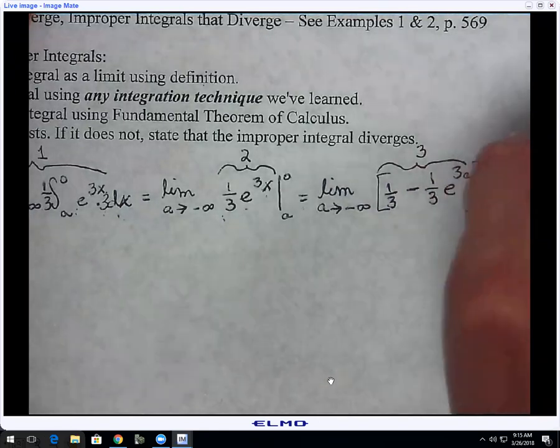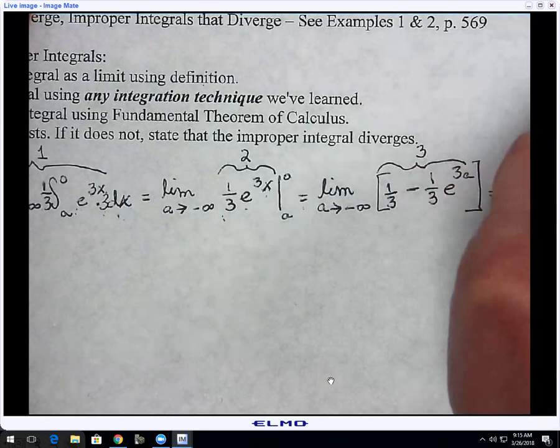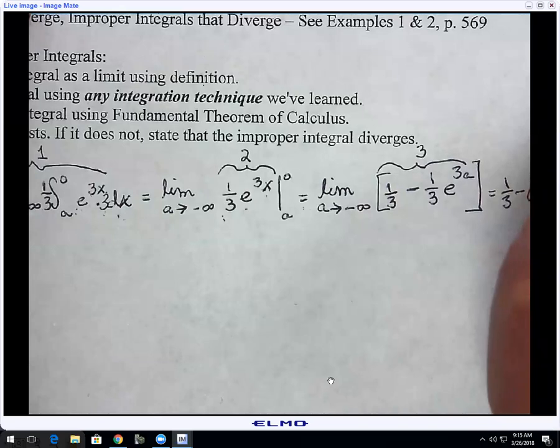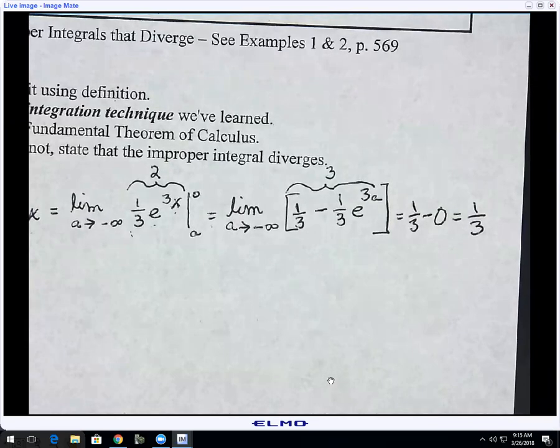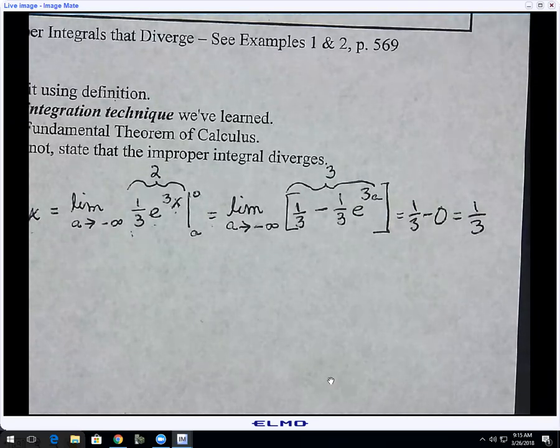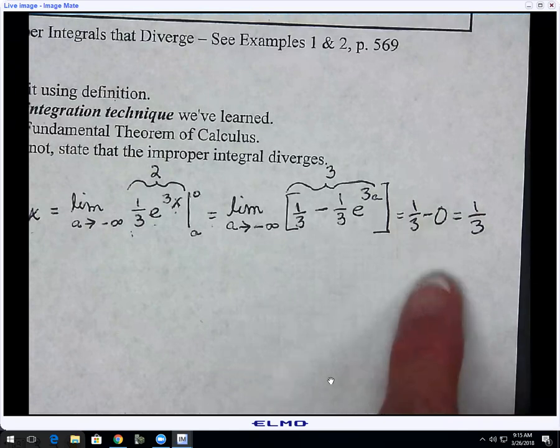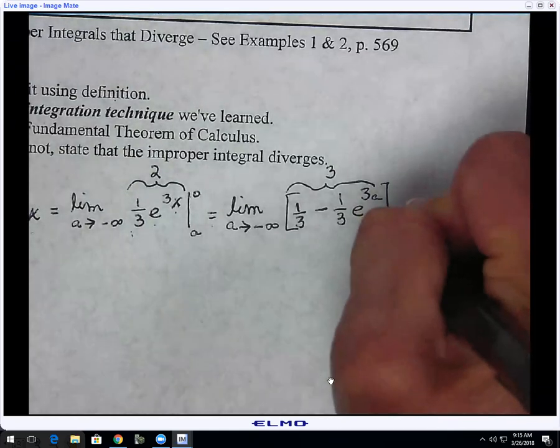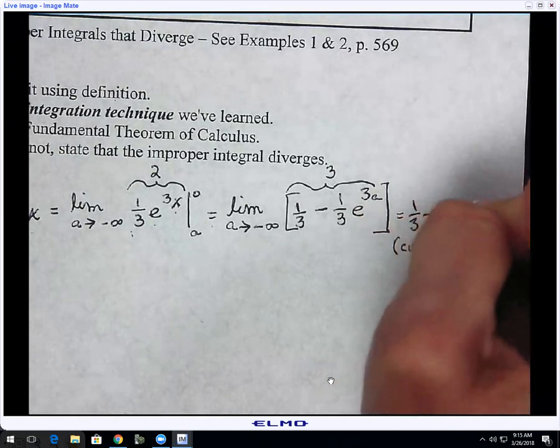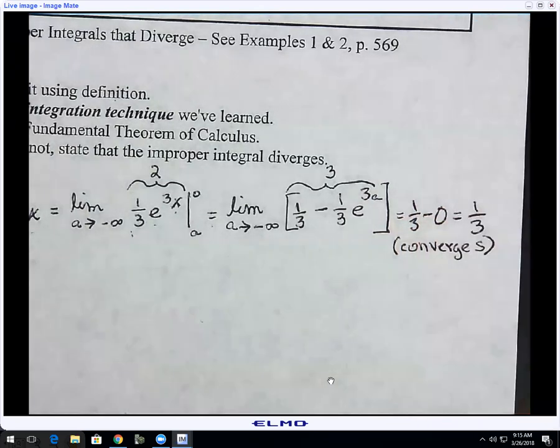So that's just 1/3 minus 0, which is 1/3. And would we say that that integral converges or diverges? Since that limit exists, we would say that integral converges.